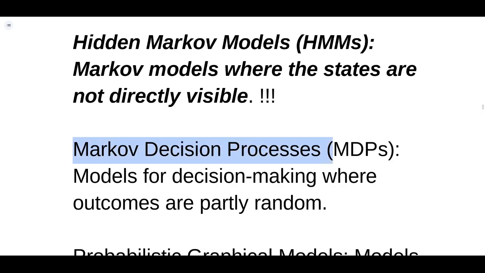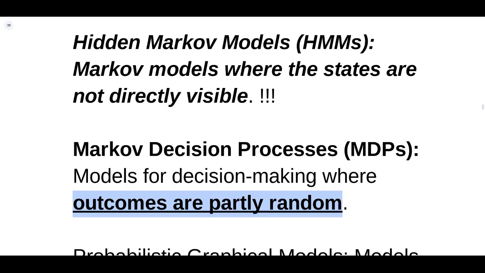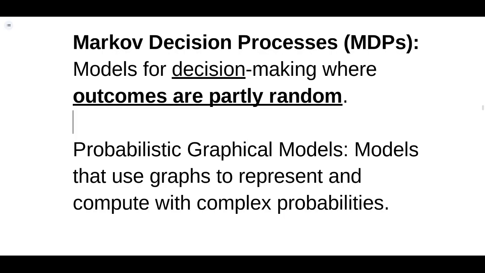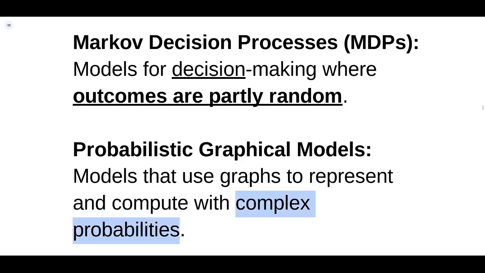Markov decision processes, these are models for decision making where outcomes are partly random. Then probabilistic graphical models, models that use graphs to represent and compute with complex probabilities.